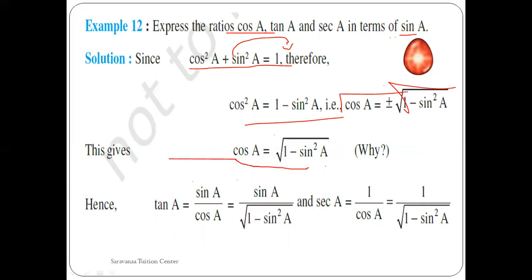So we have found cos in terms of sin A. Then tan A. Tan A is sin by cos. Sin is given. What is cos?